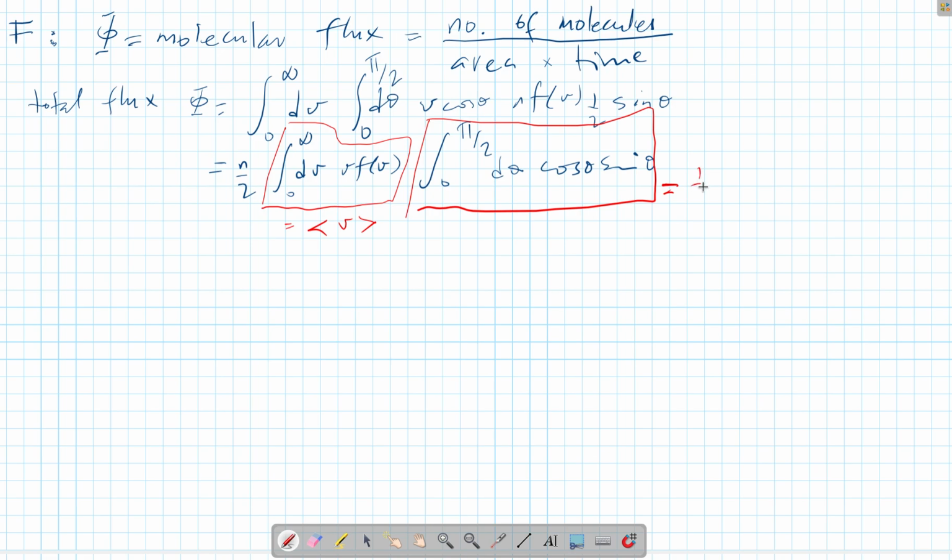You can solve it by letting u be equal to sine theta, and you compute du is going to be cos theta d theta, and then the integration is going to change into something like 0 to 1 u du, and that should be 1 over 2.